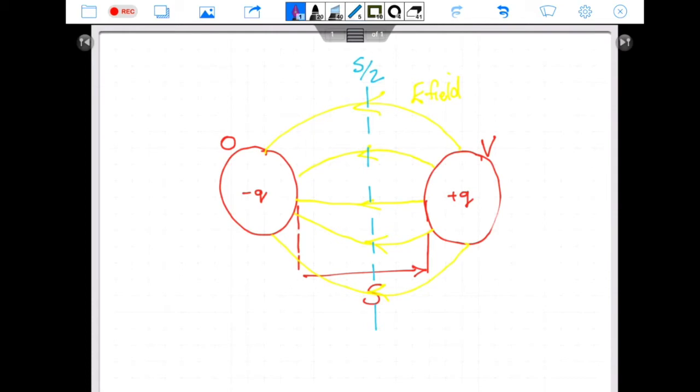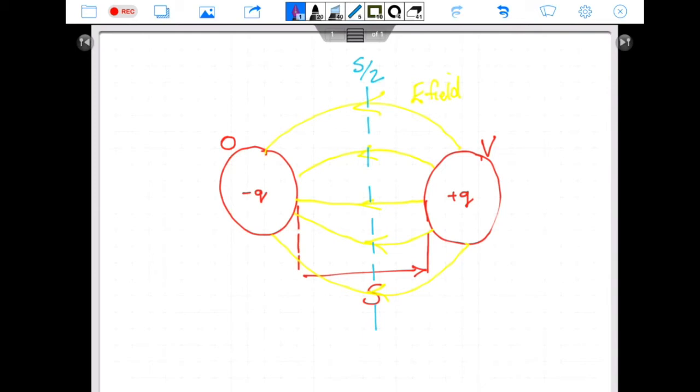At no point does it stop. Right, so at no point is it zero here. That makes sense. So the first statement is false. The electric field is zero at the midpoint. That's false.